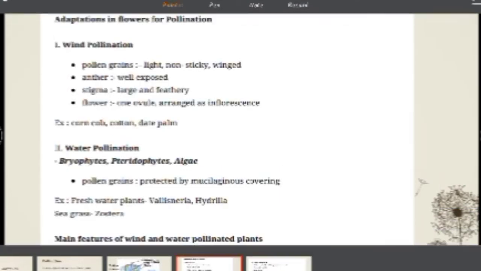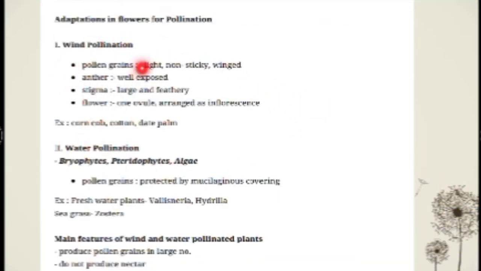Let us first discuss how and when wind pollination occurs. In all the plants or all the flowers, wind pollination does not occur. In order for the pollen grains to be carried by wind, some characteristics must be followed by the flower.